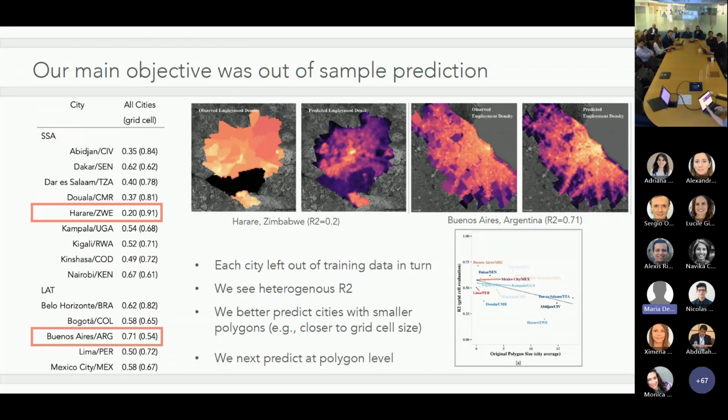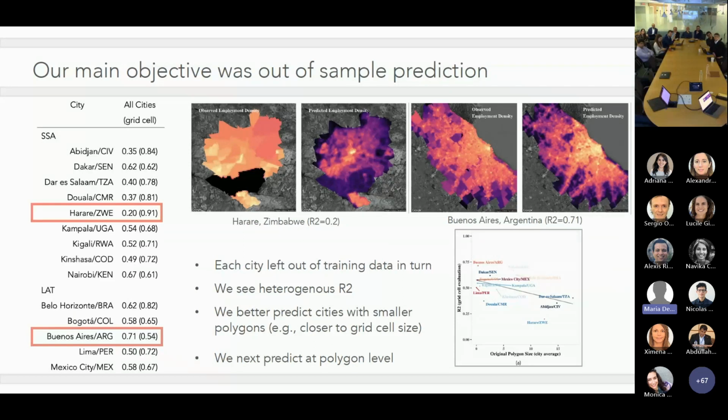Here we see quite a range of values, everything from Harare in Zimbabwe at 0.2 all the way up to 0.7 in Buenos Aires. We discussed earlier that there was a lot of heterogeneity in the input data. Some cities had very small polygons and really detailed data, and other cities had very large polygons, and all of this is happening at the grid level.